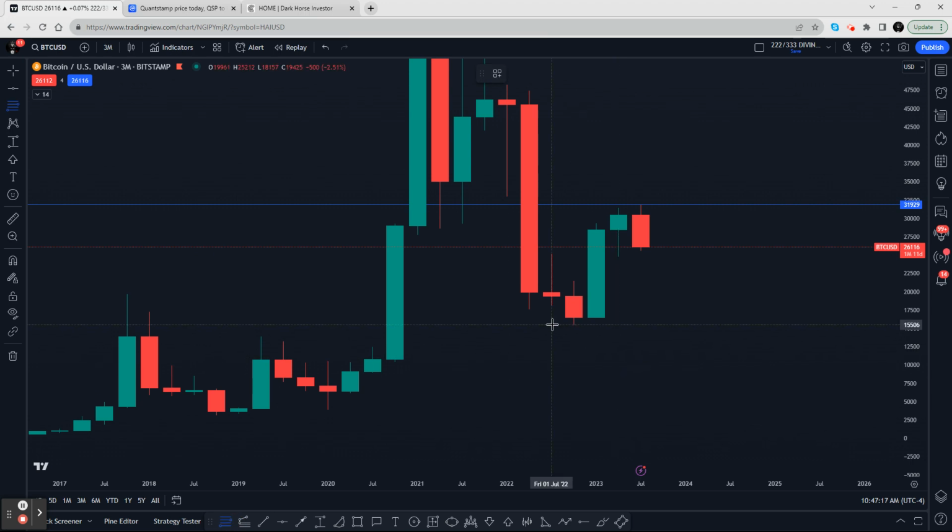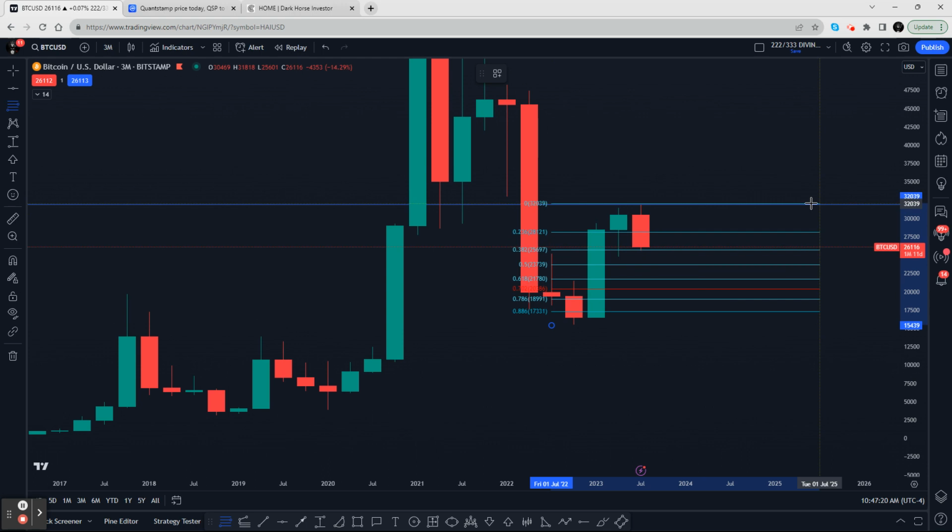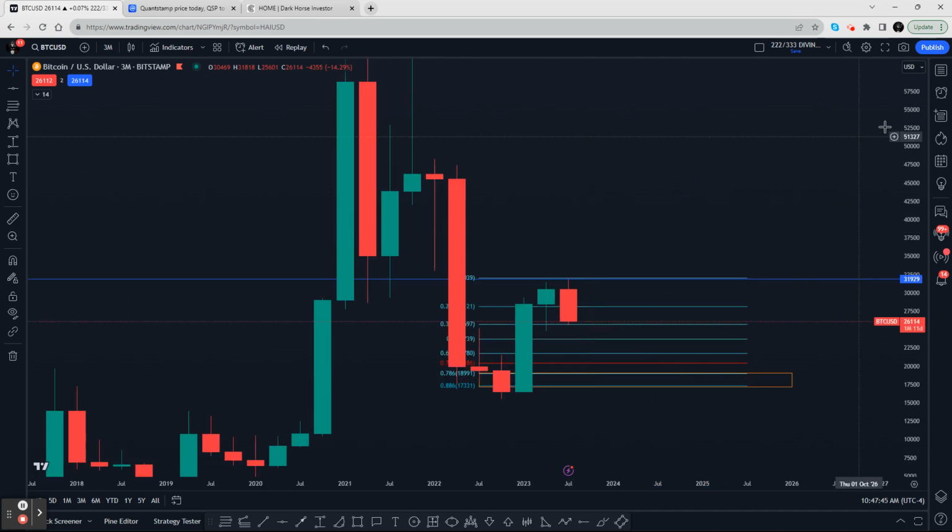You can't see the 61, but it's 21,780. That is one of the target areas we want to get to. But ultimately, we're looking at an 18,900 something region, or even 17,000 Bitcoin, if we do not get up here. We really got to get moving.